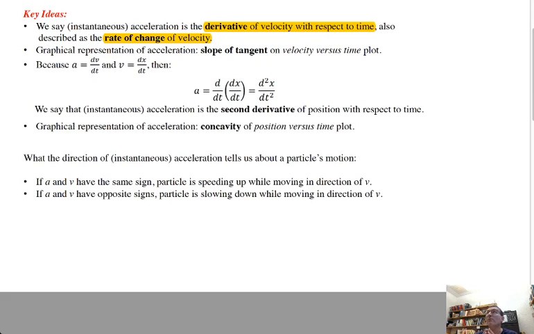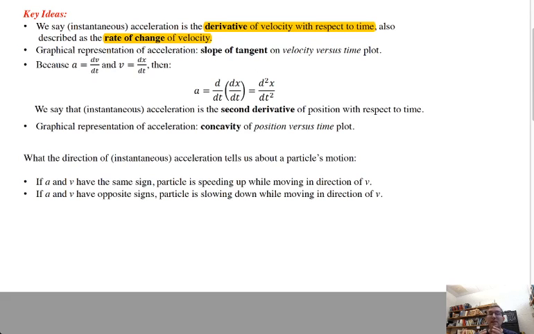Now, if you recall, when we studied instantaneous velocity as the rate of change of position, we had a graphical way to interpret it. If you give me a plot of position versus time, x versus t, the slope of the tangent line to that plot represents the instantaneous velocity of the particle.